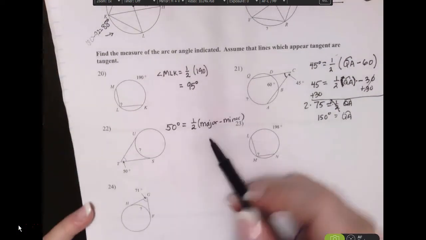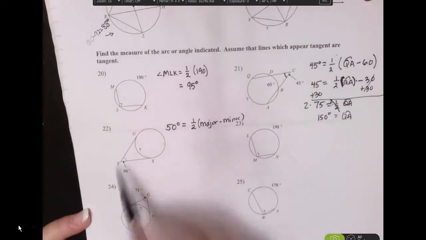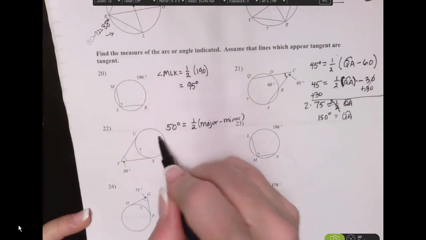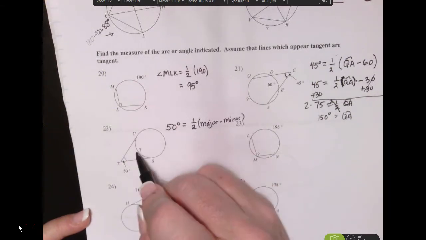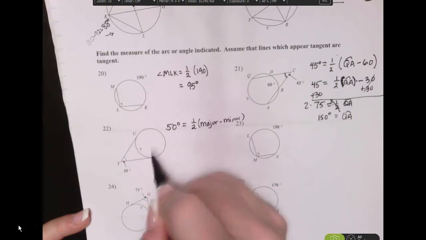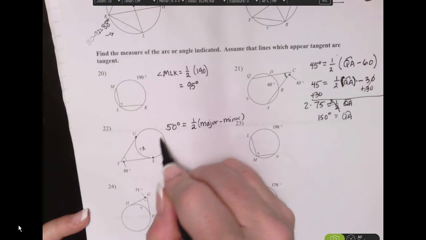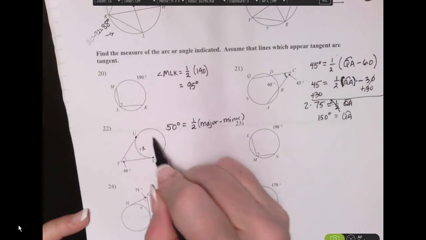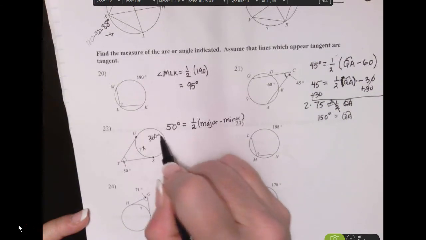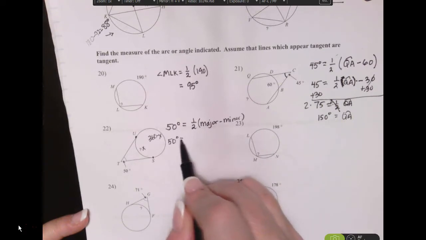Okay, so the formula is still just the angle is equal to half of the major arc minus the minor arc that are intercepted, and these are two tangents, so we know that they all add up to 360. So I'm going to put an X here, and then I know that the major arc is going to be 360 minus X. So I'm going to substitute in what I know.